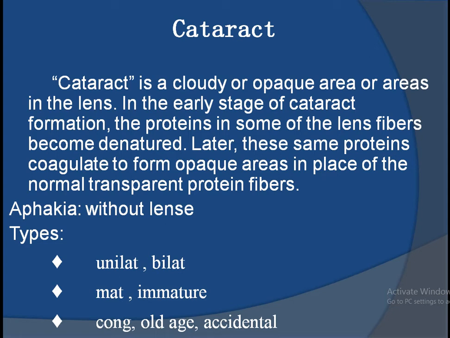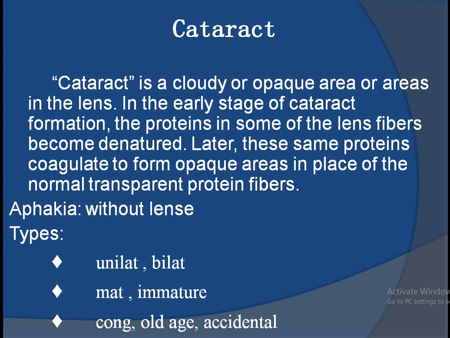Coming to the next condition, that is the cataract. In Urdu, it is called Safed Motia, and it is very common. It can occur accidentally or it may be age related.